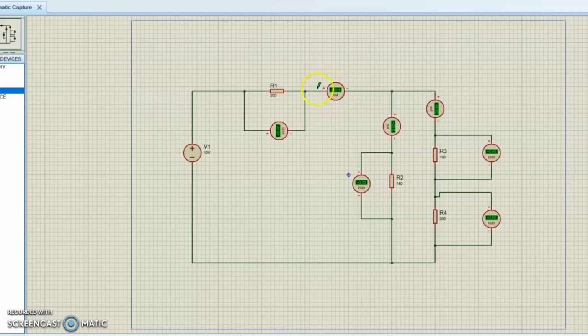So here are the values of current 1, current 2, and current 3. For current 1, I got 32.4 milliampere. For current 2, 23.5 milliampere. While current 3 is 8.82 milliampere.